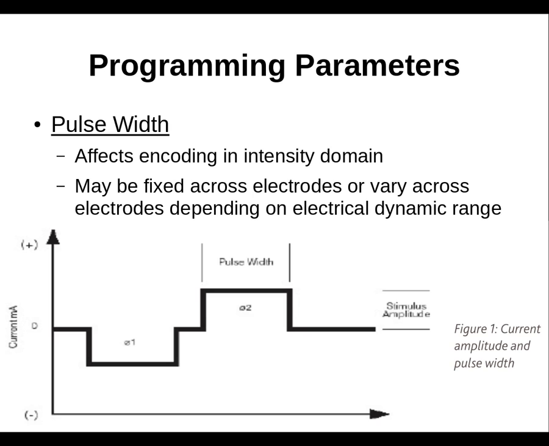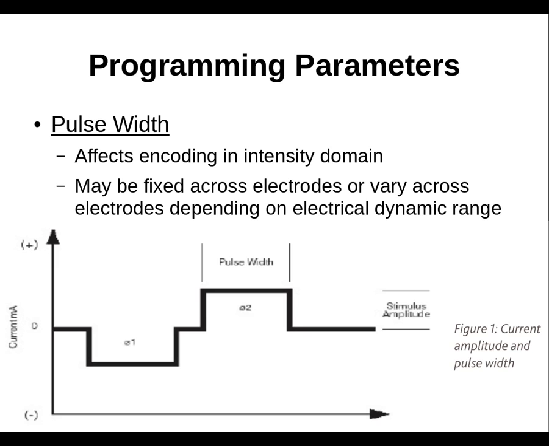On the y-axis is going to be our current, or really our electrical level, and on the x-axis is going to be time. We can see that pulse width, as defined by the difference between, say, the peaks of the pulse there, is stimulus duration. As it gets wider, it may have an impact on the intensity of the signal. So as we increase the pulse width, the intensity increases.